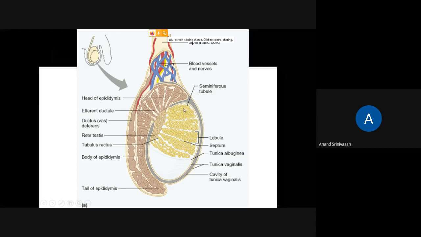In between these tubules, there are small cells called Leydig cells, and this is the cell which secretes testosterone.